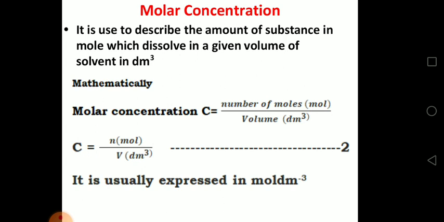So molar concentration can be expressed as number of moles over the volume in dm cube, and we have the derived unit, which is mole per dm cube. So concentration is n all over V, where n is the number of mole. I'm going to keep this formula as formula 2. So molar concentration is usually expressed in mole per dm cube.